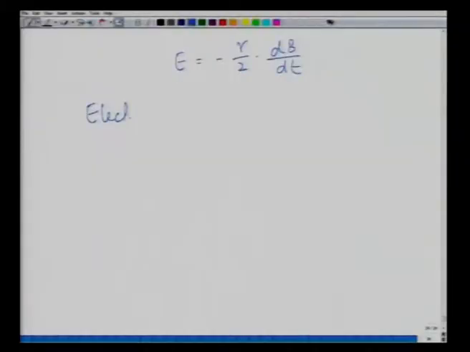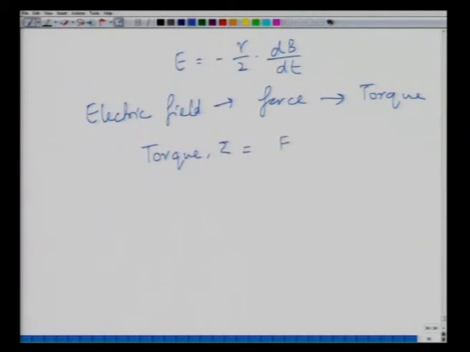Now, when you have this electric field present, what does it do? This electric field gives rise to a force, and this force gives rise to a torque. The torque tau is nothing but F times r, and F is what?